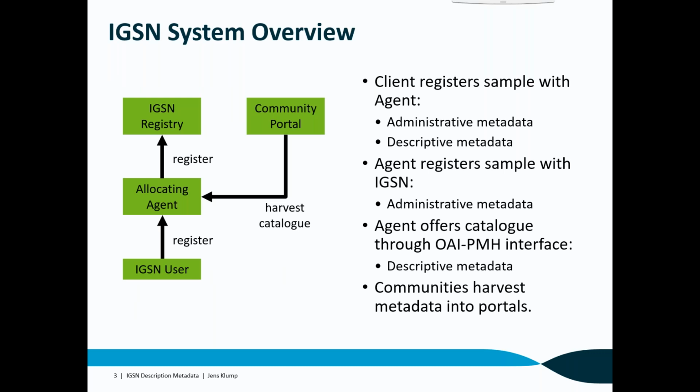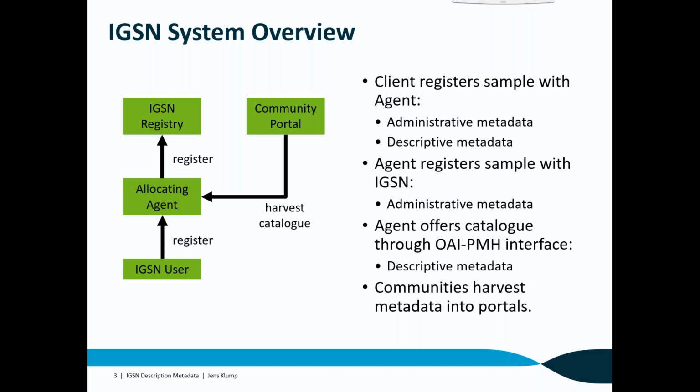To give you an overview of how the system works, this is modeled on DataCite, but it has some significant deviations from that pattern. To take you through the workflow for sample registration, the first step is that a client registers a sample with a so-called agent, and in this passes 2 packets of metadata, what we call administrative or registration metadata and the description metadata.